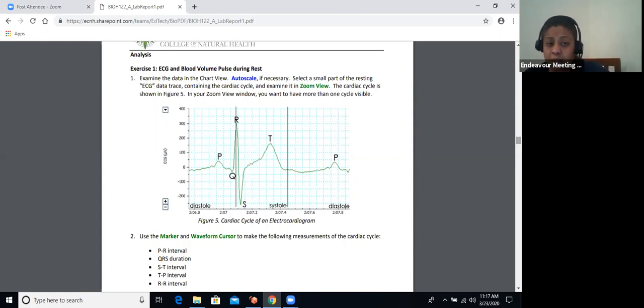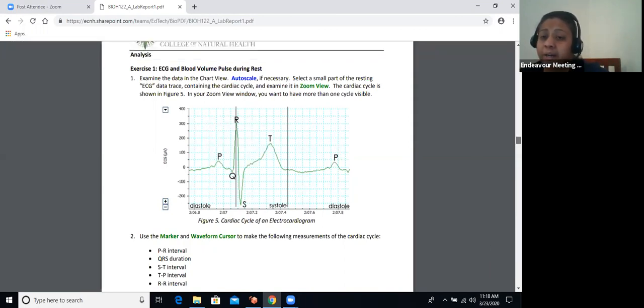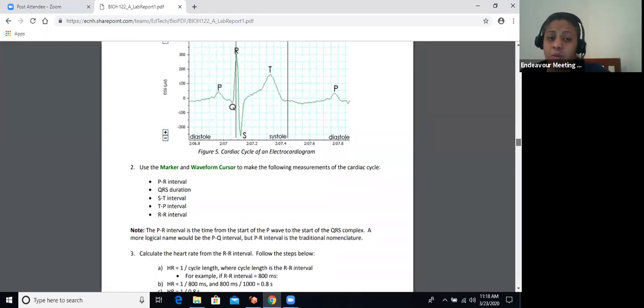RR is basically, every R wave that you see on an ECG always coincides with the heart rate. So by counting the RR interval, we can actually calculate the heart rate of the person. I will show you the method to do that as well, because you will be doing that.